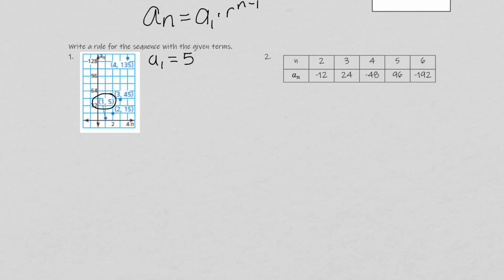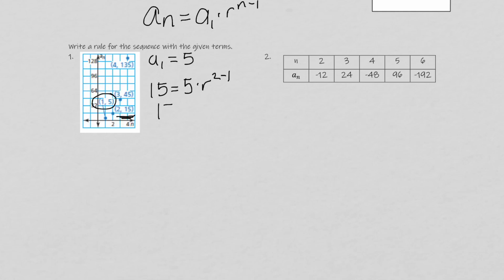So let's go ahead and choose a different point. I'm going to choose 2 and 15. We know my a sub 1 is 5, so I can work to find my ratio. I'm talking about the second term, so it'd be 2 minus 1.